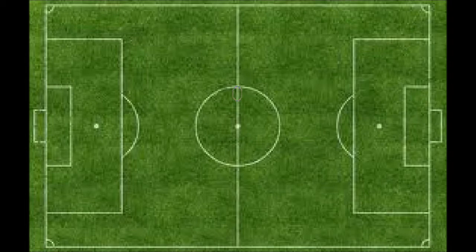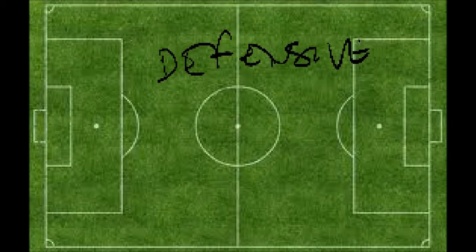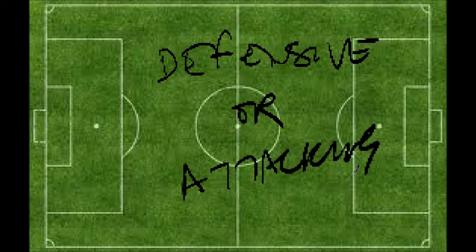10 outfield players divided into 16 blocks. Let's suggest that we make the 10 outfield players work either in a defensive format or an attacking format.